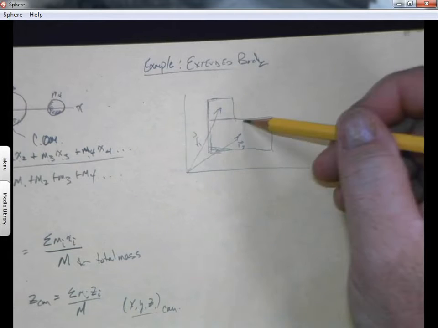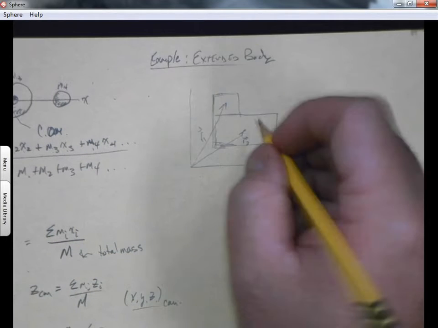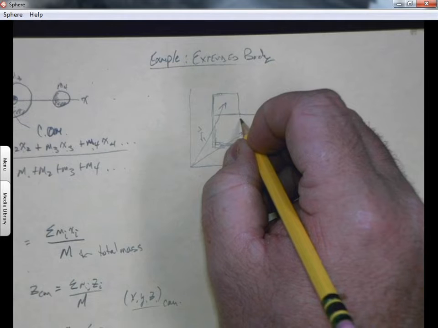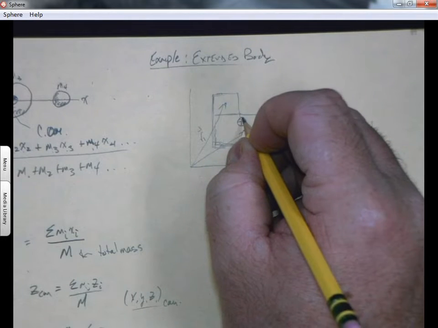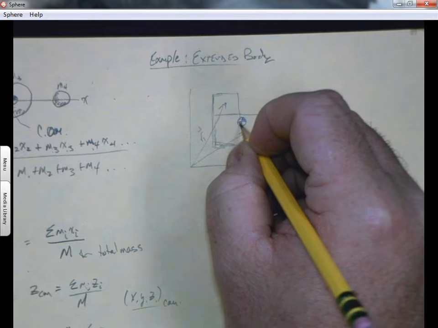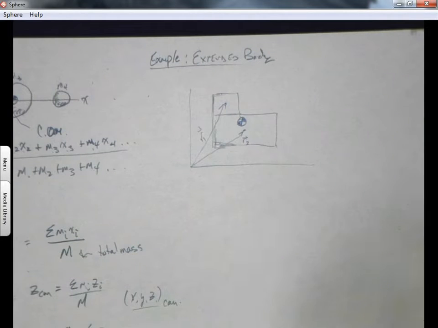Now this is actually a useful property, because now we can surmise that our center of mass is going to be somewhere in here. Just from experience, we can kind of tell that.